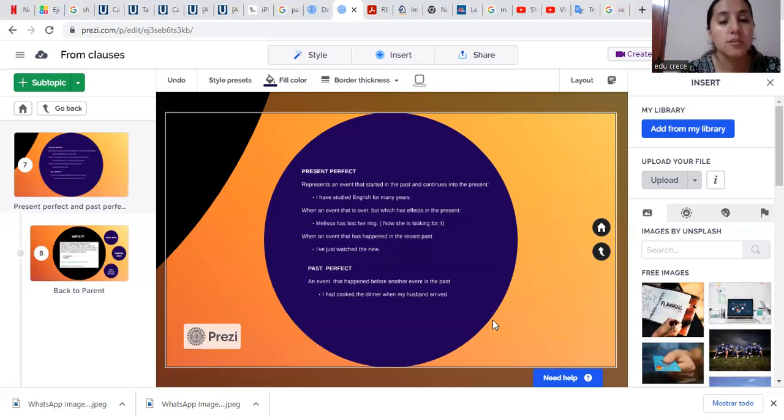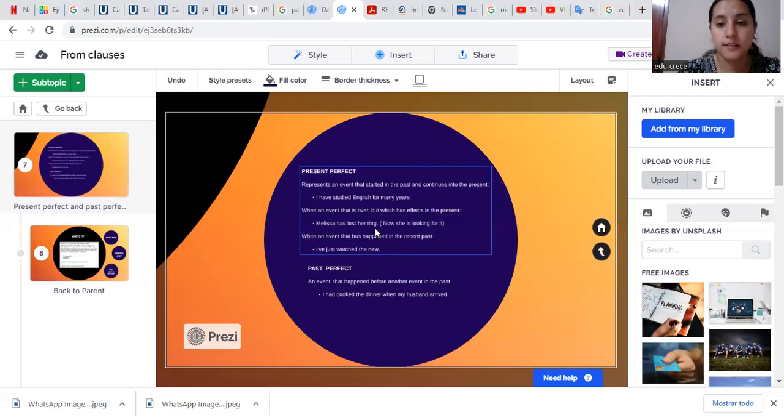The next is when an event is over, but had effects in the present. The example, Melissa has lost her ring. Melissa has lost her ring, but now she is looking for it. So although the action of losing the ring happened in the past, now she is looking for it.